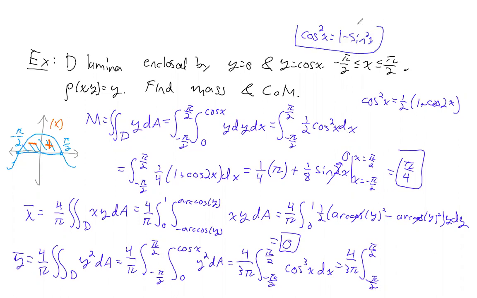And this identity is very good for cubed trig functions. The reason why is this becomes cosine x times 1 minus sine squared x dx. I'm running out of room, but I'll just finish this on the next page.